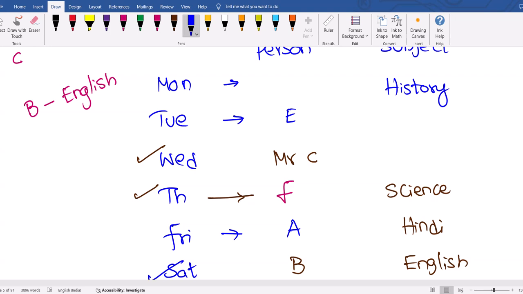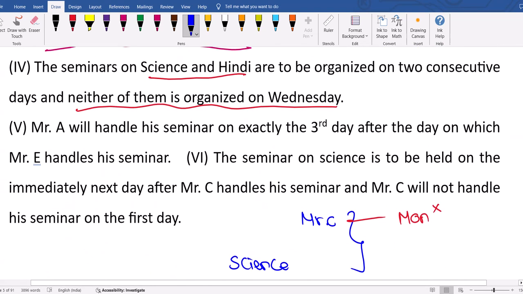After that day 1 is C, day 2 is F, day 3 is A. Not after 3 days. Read that line clearly: third day, not 3 days after. After 3 days means you have to go to the fourth day. That line is also important. But this is the third day. Okay, so you have to handle A and E.